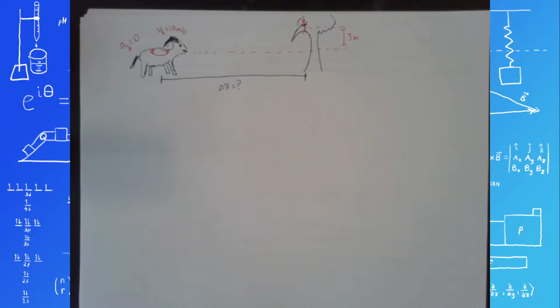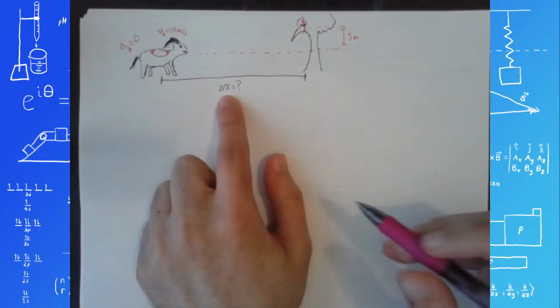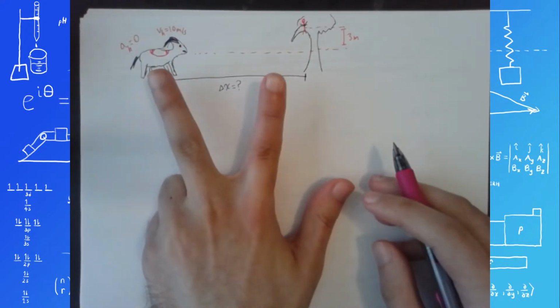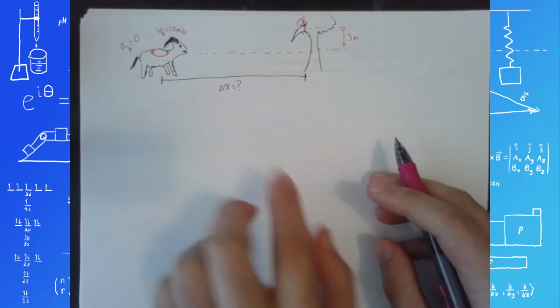And then part B, how much time is he in the air? We actually do need to calculate that first, because whatever this delta x is, that's how far the horse has to travel.